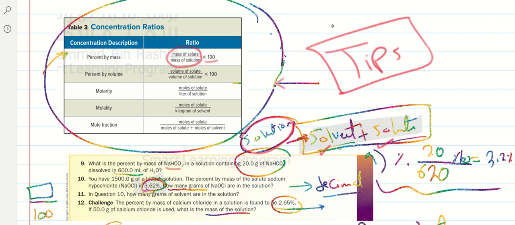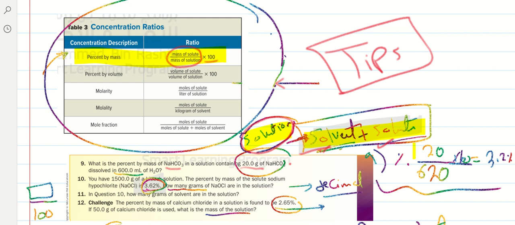So what is the percent by mass of sodium bicarbonate? A solution contains 20 grams of sodium bicarbonate dissolved in 600 milliliters of water. One of the students can say, oh, very easy, 20 divided by 600, full mark. No, not full mark, 0. Why 0? Because when they say percent mass, which is equal to mass of solute divided by mass of solution times 100, mass of solution means solvent plus solute, both of them.